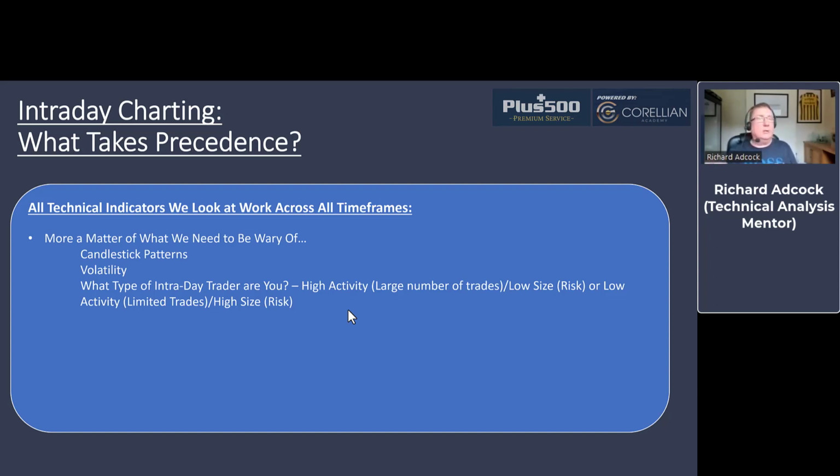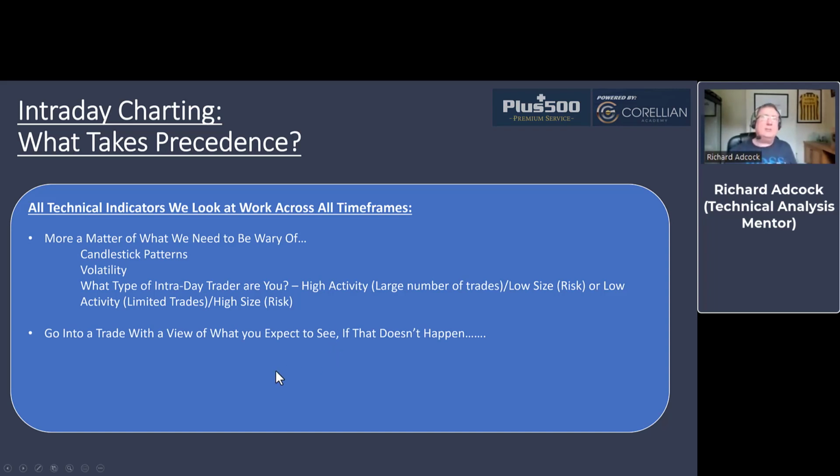Or if you're a low activity, high size trader, you're taking a limited number of trades, but with greater risk and greater size, to take into account that you can look for longer term price movements. You're not necessarily being as aggressive within your trading strategy, and you can build that into your actual time perspective.